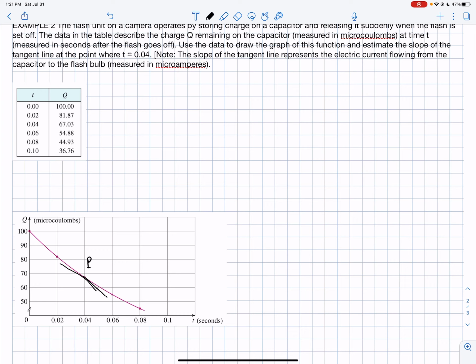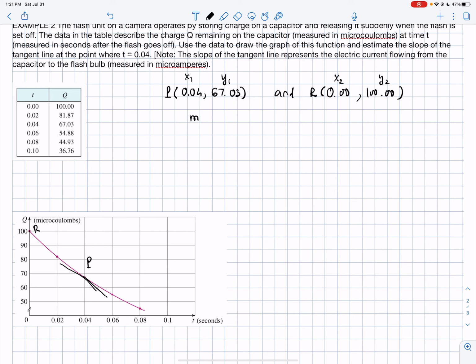So let's give another point. Let's call this point R, and let's begin from this point. The first point is P, with coordinates 0.04, 67.03. And we have the point R, with coordinates 0.00, 100.0. So this is x1, y1, and x2, y2.